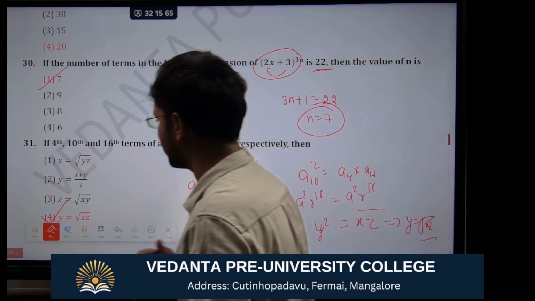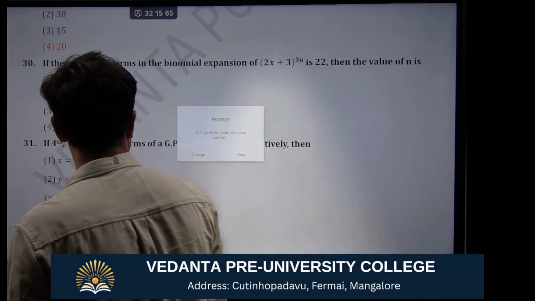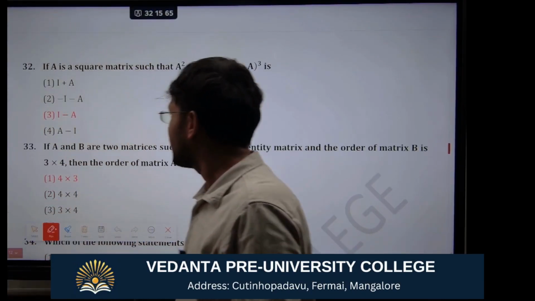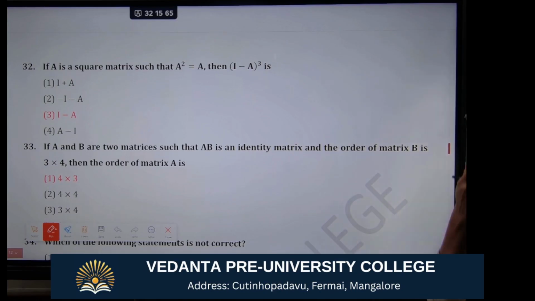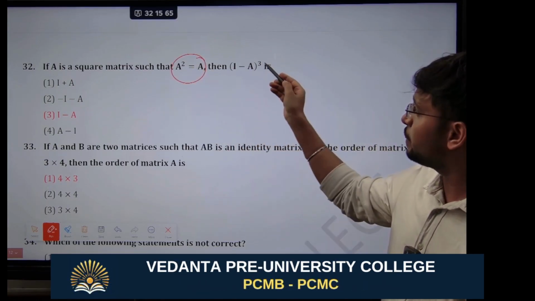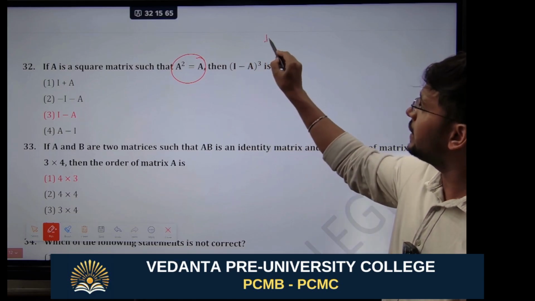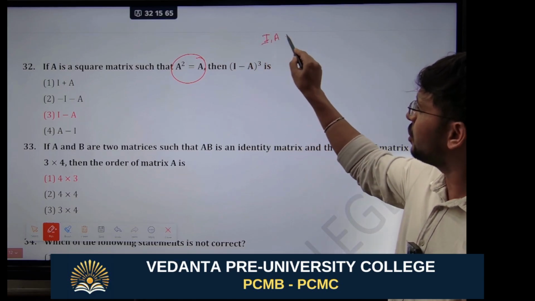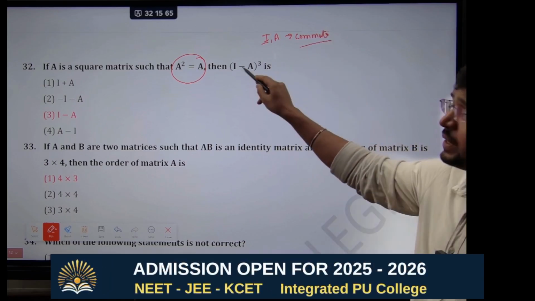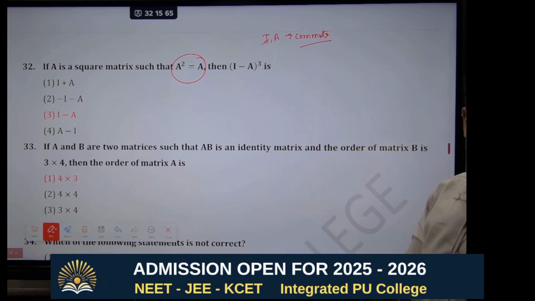Now let's go to the next. Again, A is a square matrix. It is given that A squared is A. Now I have to find the power of 3. I know that I and A commute with each other, so they are commuting matrices. And with commuting matrices, we can open this directly without hesitation.